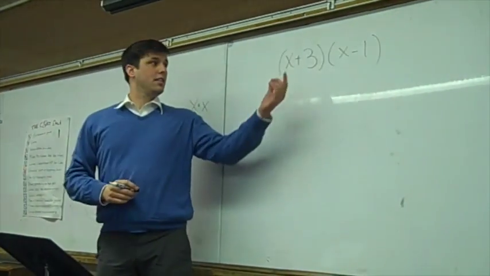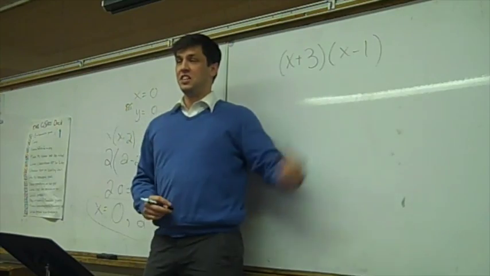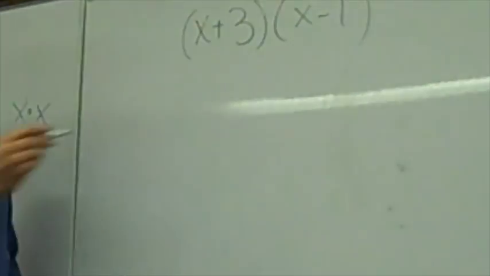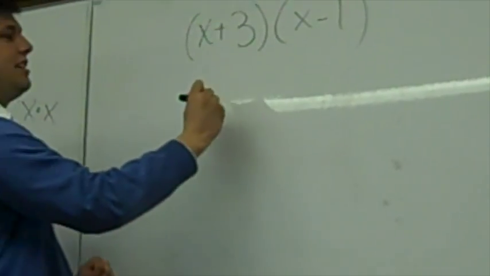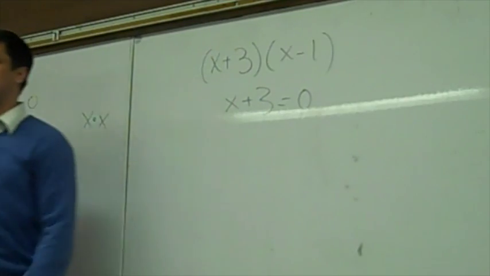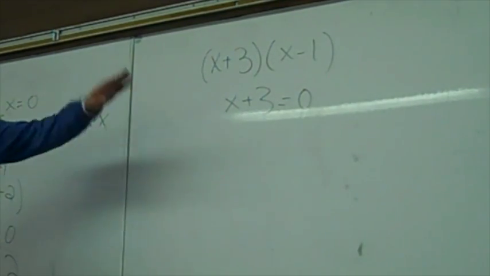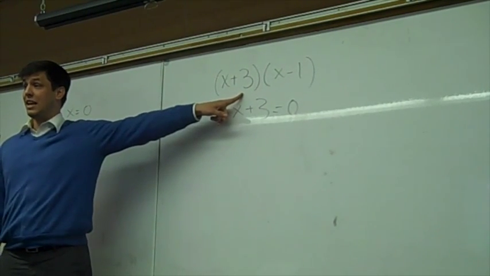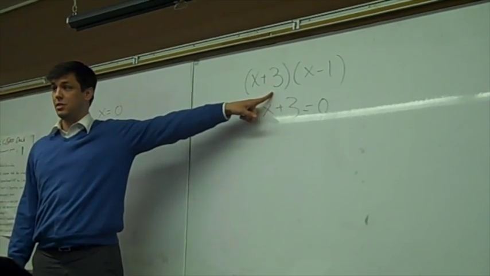Our goal is to make one of these sets of parentheses equal to 0. You take this parenthesis and say, I want this x plus 3 to equal 0. Some of you can just do that in your head, because if you look at the plus 3, you take the opposite of that to get it to 0. So what is the opposite of plus 3?